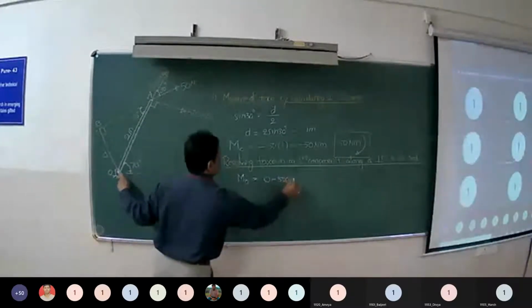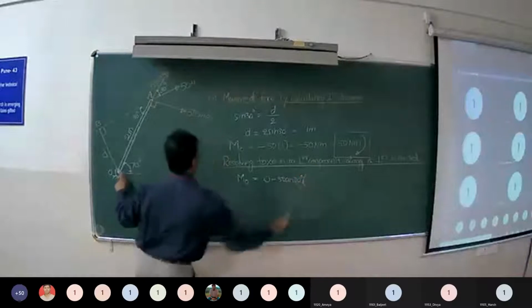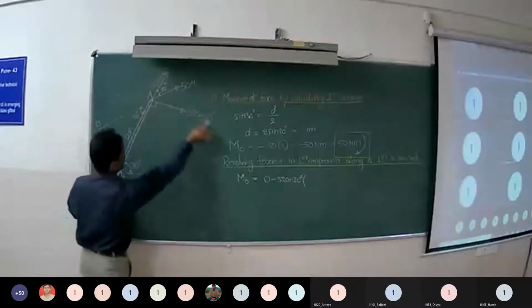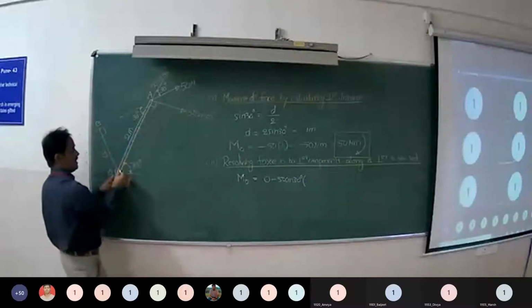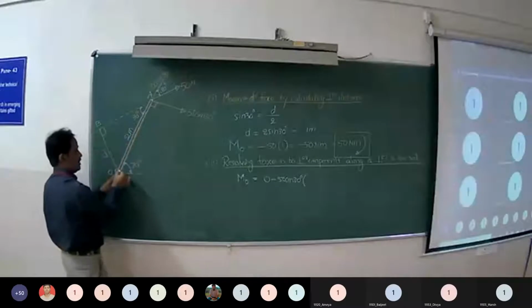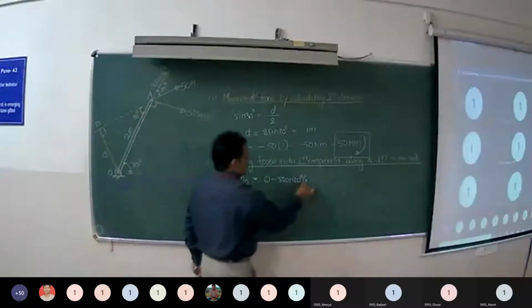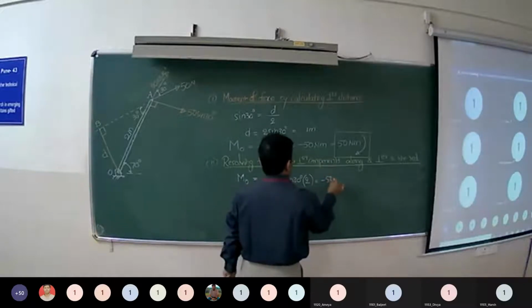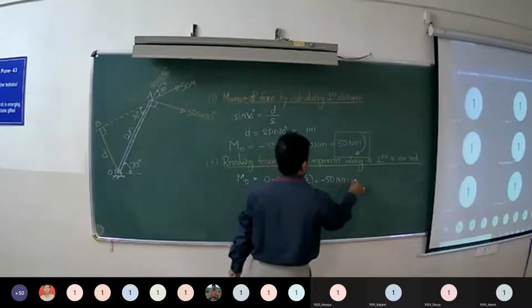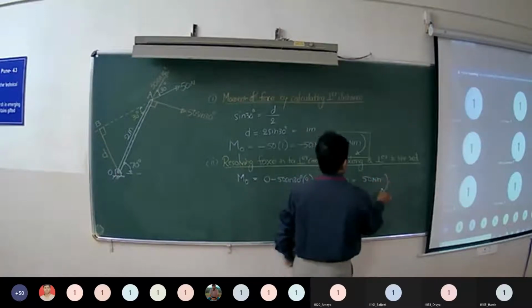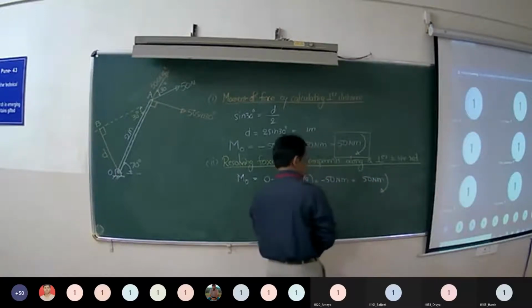Minus 50 sin 30 into the perpendicular distance, that is nothing but 2 meters, since 50 sin 30 is perpendicular to the rod. So into 2, that gives you again minus 50 Newton meter, 50 Newton meter clockwise.